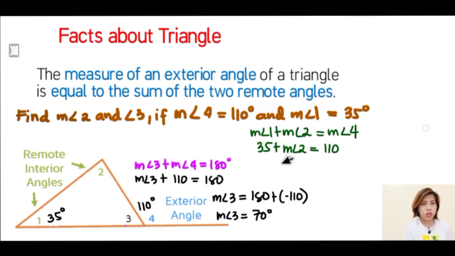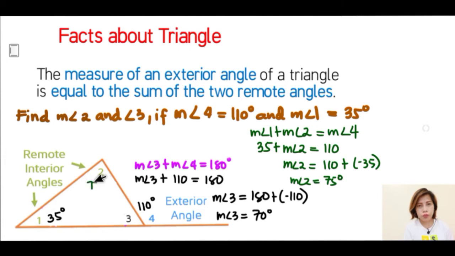Yan. So, next is, measure na angle 2 is equal to 110 plus negative 35 using addition property of equality. So, the measure of angle 2 is equal to 75 degrees since angle yan. Kailangan degrees po yung unit. So, angle 1 is 35 degrees, angle 2 is 75 degrees, and then angle 3 is 70 degrees.